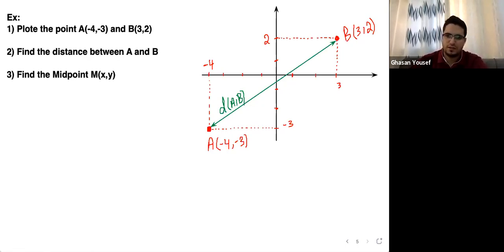If I want to start from this point, I will call this x1 and this is y1, and this is my x2, comma my y2. Now, what is the formula? Distance formula between A and B.